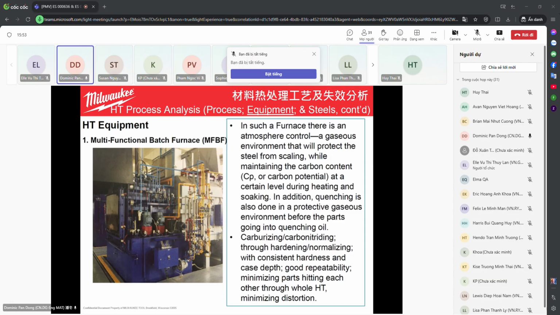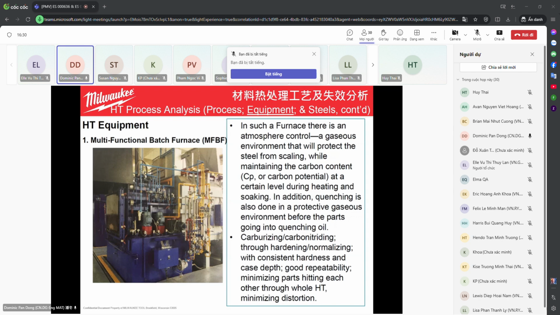Simply, for all parts used in TTI, if the service severity class is labeled SA or MSA, which means severe application or most severe application, we require our heat treatment suppliers to use the multifunctional batch furnace for the heat treating. Without it, we wouldn't approve the heat treatment process.